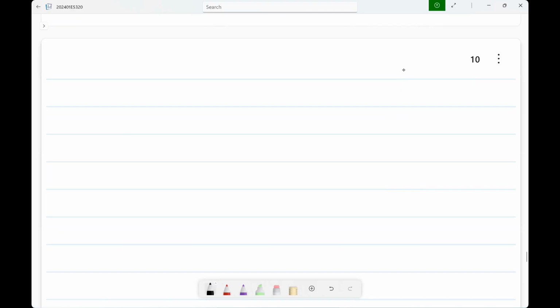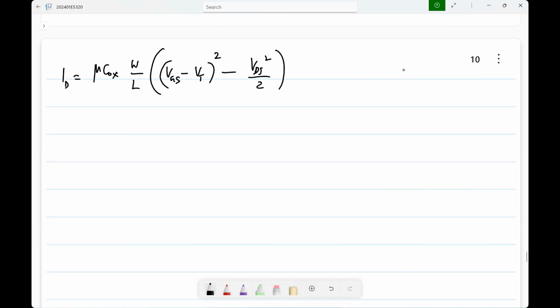And it turns out it is, and we can realize that by simply manipulating the expressions we have. So the triode region equation is mu Cox W by L times VGS minus VT times VDS minus VDS square by 2. Sorry, VGS minus VT times VDS minus VDS square by 2.